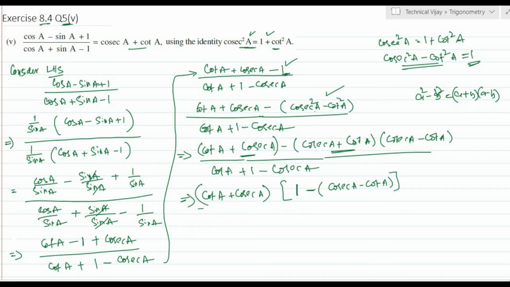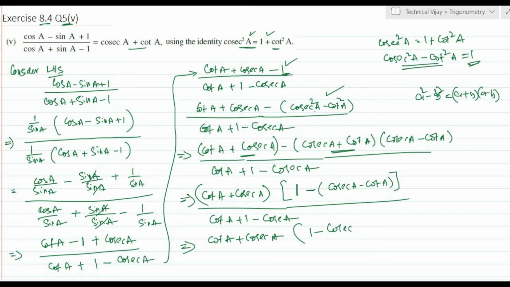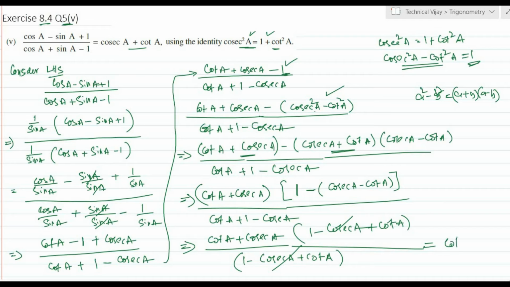The denominator is the same, cot A plus 1 minus cosecant A. Here 1 minus cosecant A plus cot A in the numerator can be written the same as the denominator, so these get cancelled. The remaining is cot A plus cosecant A, which is equal to RHS. You see, this is cosecant A plus cot A.